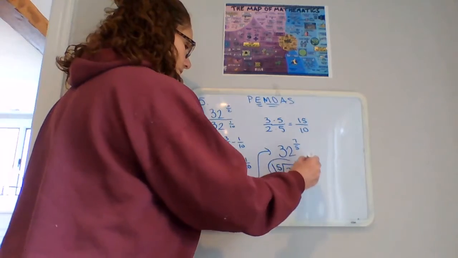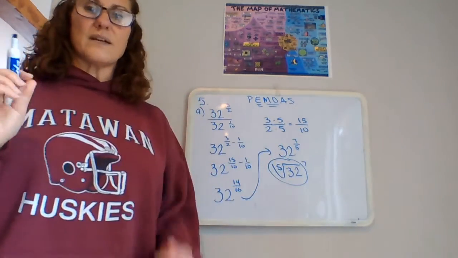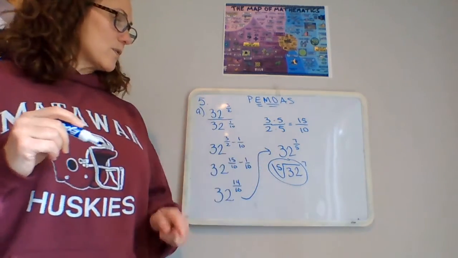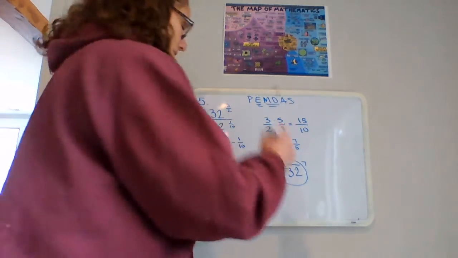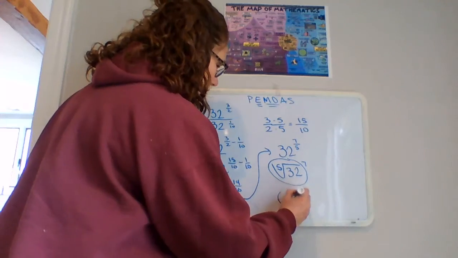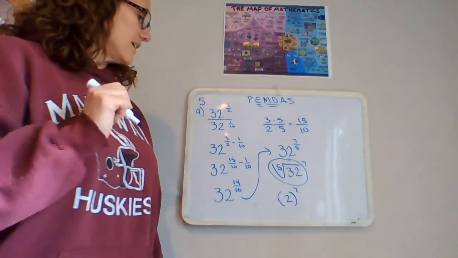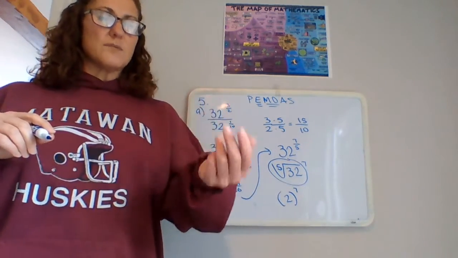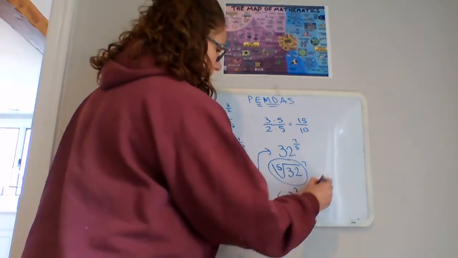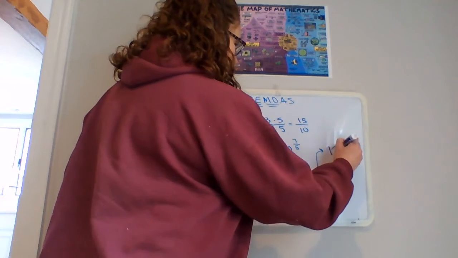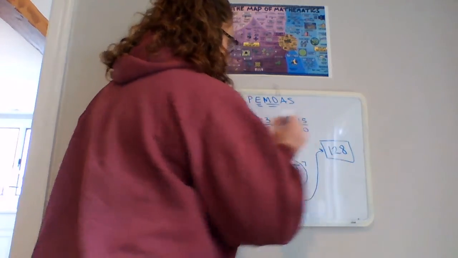If the fifth root of 32 is something I could do without a calculator, then that's a doable question. And the fifth root of 32 is 2. So this becomes 2 to the seventh. And if you do 2 times 2 times 2 times 2 times 2 times 2 times 2, you get 128. So the final answer to this problem was 128.